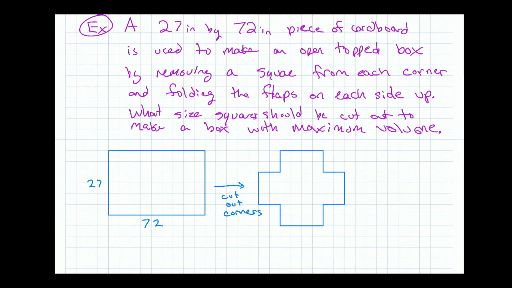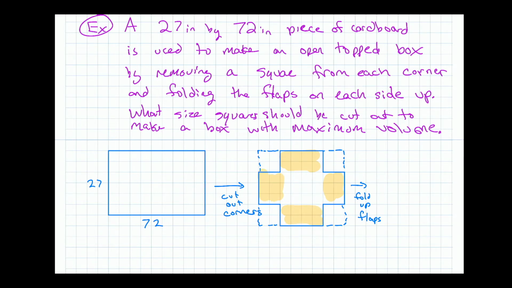All right, so the idea is that there were corners here that we cut out. So we cut out that corner, cut out that corner, cut out that corner, cut out that corner, right? And then you fold the flaps up. Now what are the flaps, right? The flaps are this. That's a flap, that's a flap, that's a flap, that's a flap.